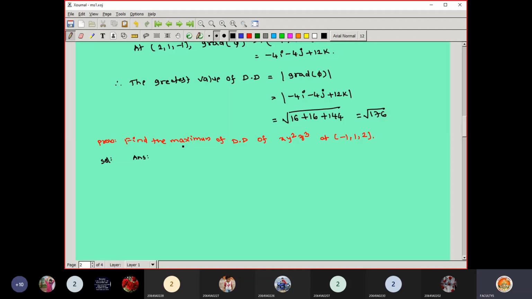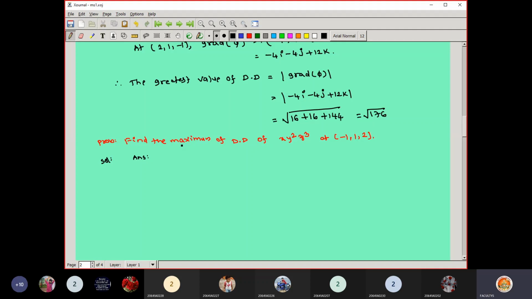This may be given in the short answer type, so it is very easy to calculate a maximum or greatest value. The only thing is you are calculating the gradient for the given scalar. So whenever they ask maximum or greatest value, don't go for any unit vector, because they are giving only one function.